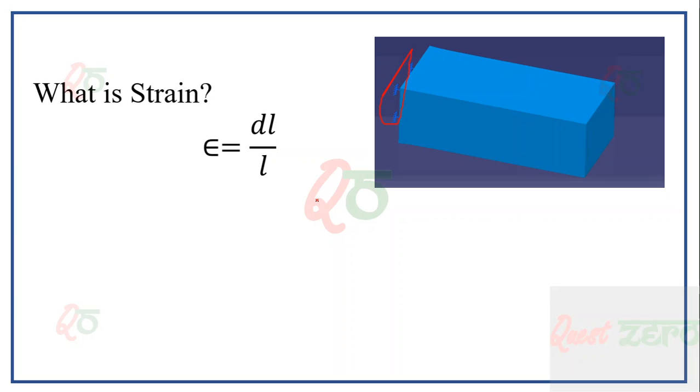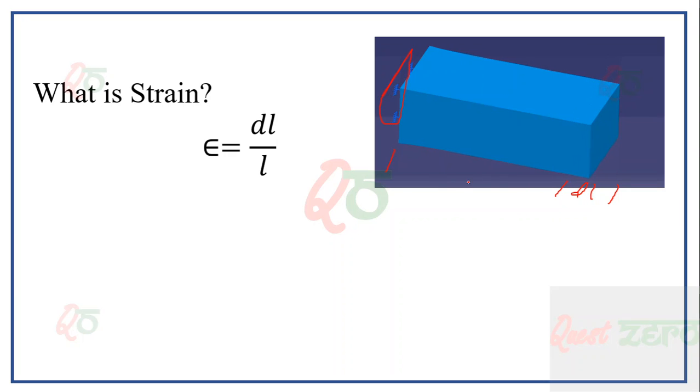So what exactly is this strain? We denote it by a mathematical formula called dL by L, where dL is the change in length. If this is L, then the part that gets deformed, from here to here, we call dL.